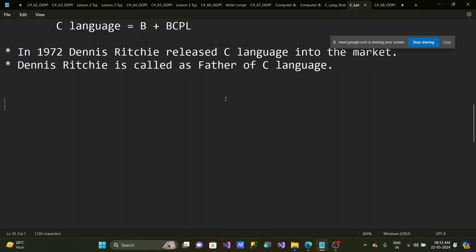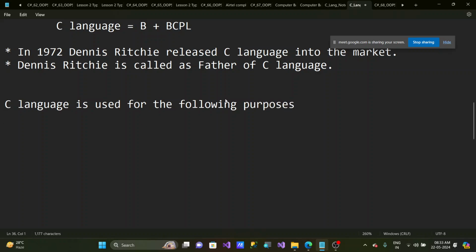So what kind of applications can you develop? C language is used for the following purposes. Generally, if you go to the IT industry, software companies use C language for machine programming, guys.